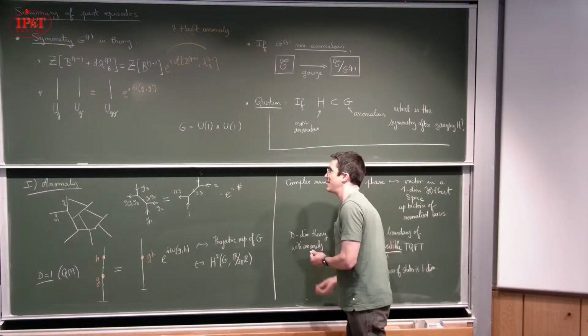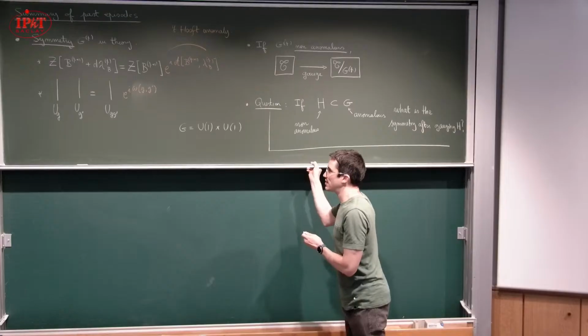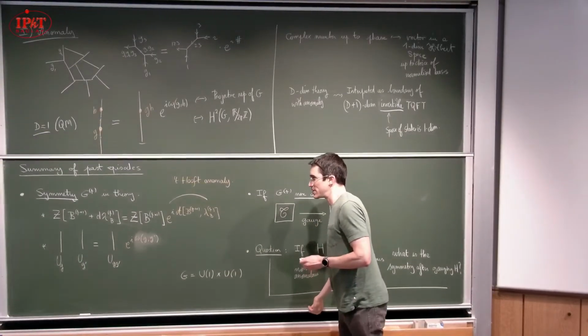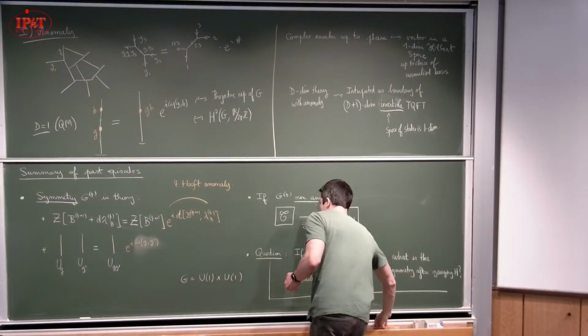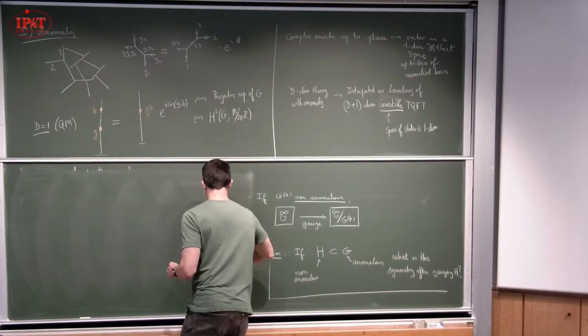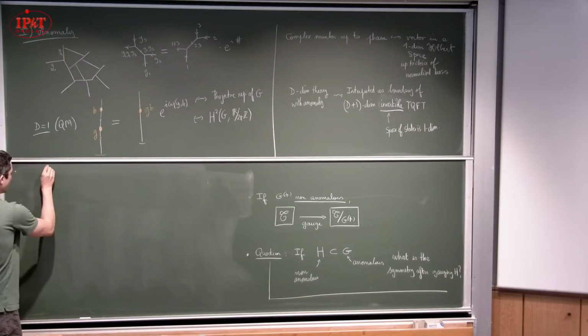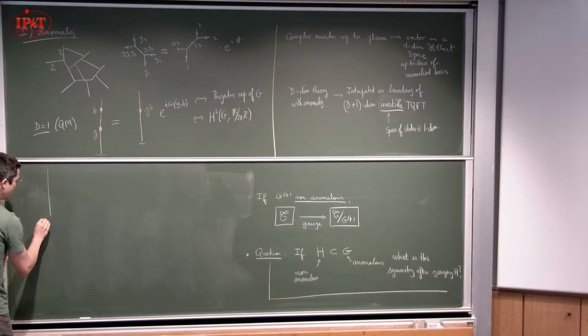So the picture, right? So then in picture, at the very end, right? So we have, this is D equal 1.